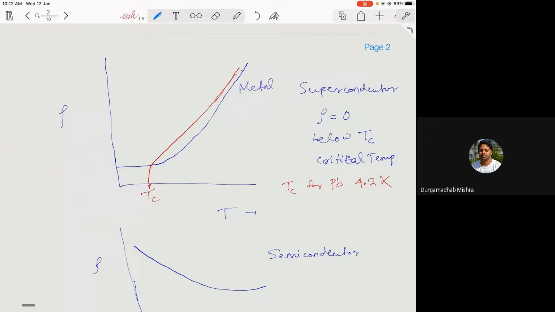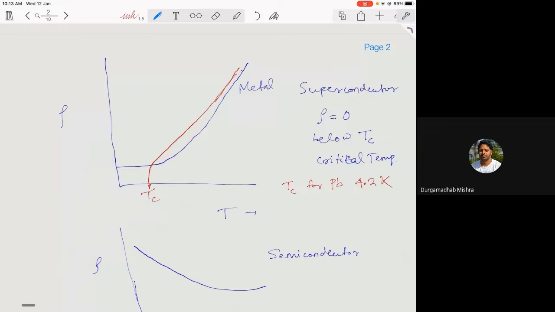So if resistivity is zero, resistance is zero, that means while conducting electricity there is no joule heating, so there is no loss of energy due to flow of current, which happens in all materials at room temperature. Or even if you have a little bit of resistance, there will always be a heat loss when you flow a current through it.